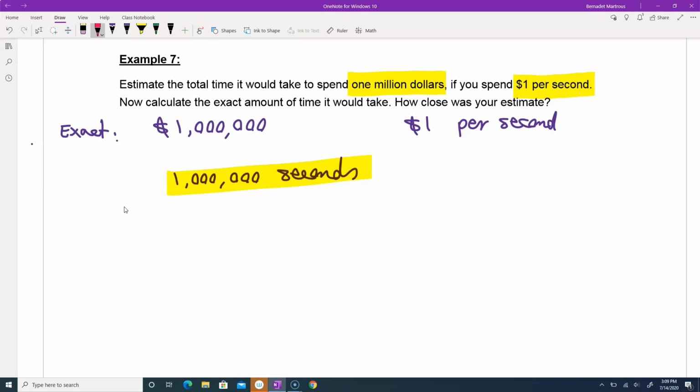Now, I want to convert this to days and see how many days we have, because I want to find what the estimate is. This is 1 million, and I'm not able to estimate that one, so instead of considering seconds, I'm going to work on days. Convert 1 million seconds to days.